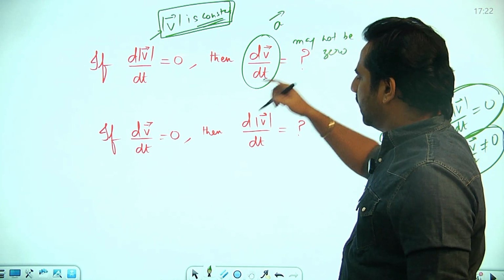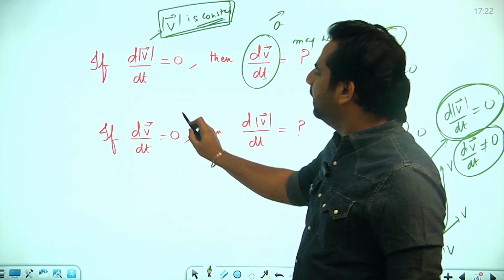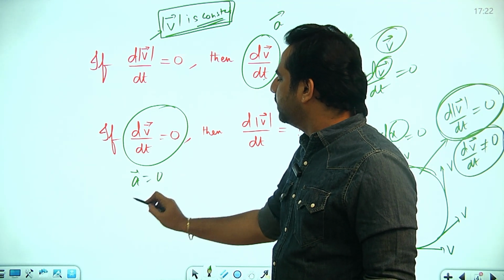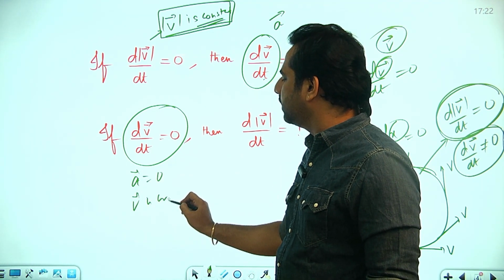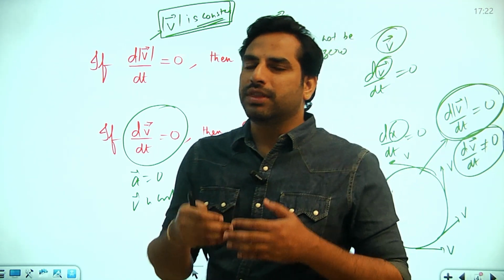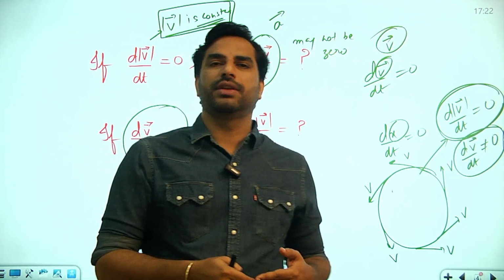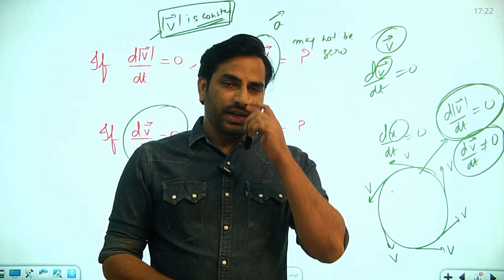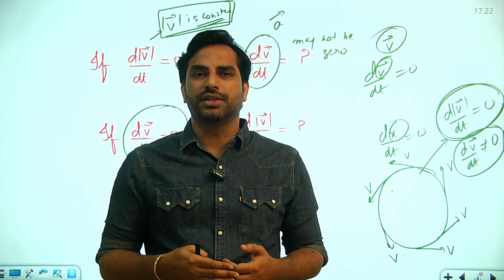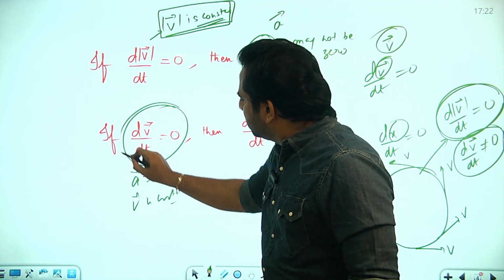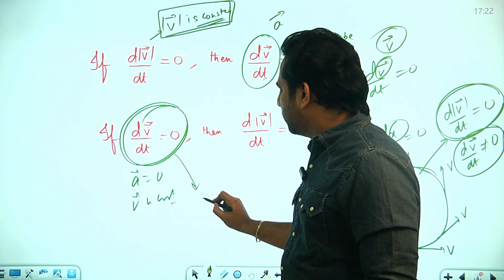And coming to the second statement, if dv bar by dt is 0, it means acceleration is 0. It means v bar is constant, velocity is constant. If v bar is constant, then both magnitude and direction of velocity are not changing. If direction is not changing, it means the path is a straight line path.